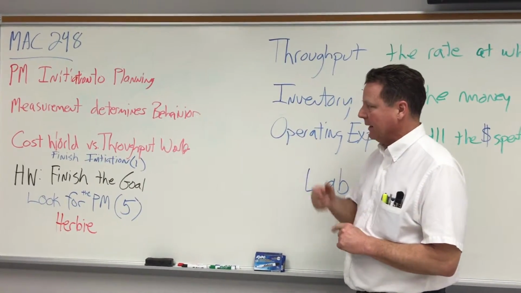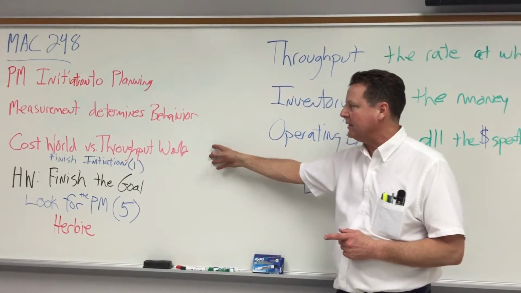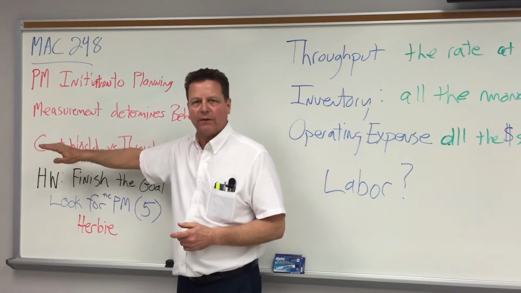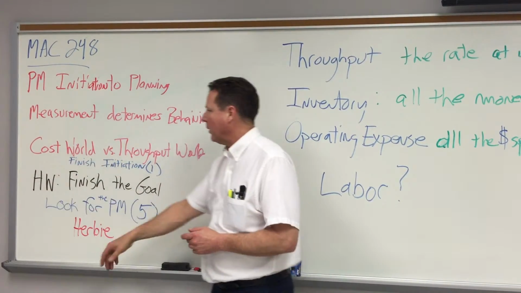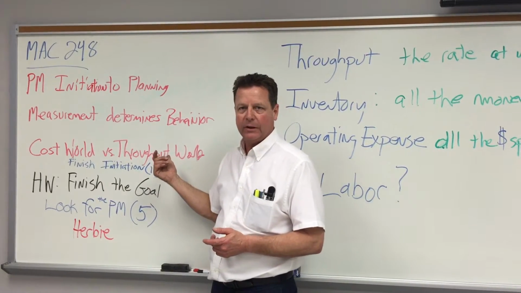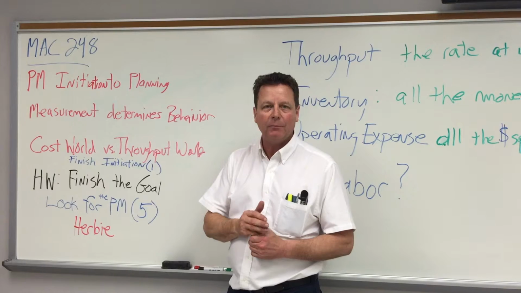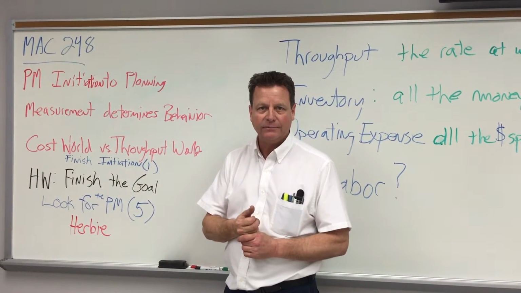The discussion that takes place after this is around page 87, where we find an overemphasis on the cost world. Cutting expenses can end up hurting your throughput, your ability to make orders on time and in the customer's hand at the price that they want to pay.